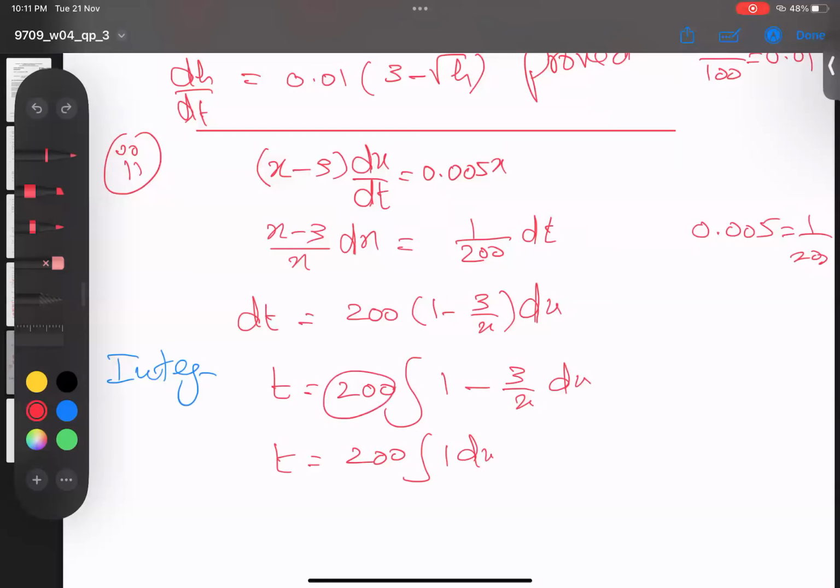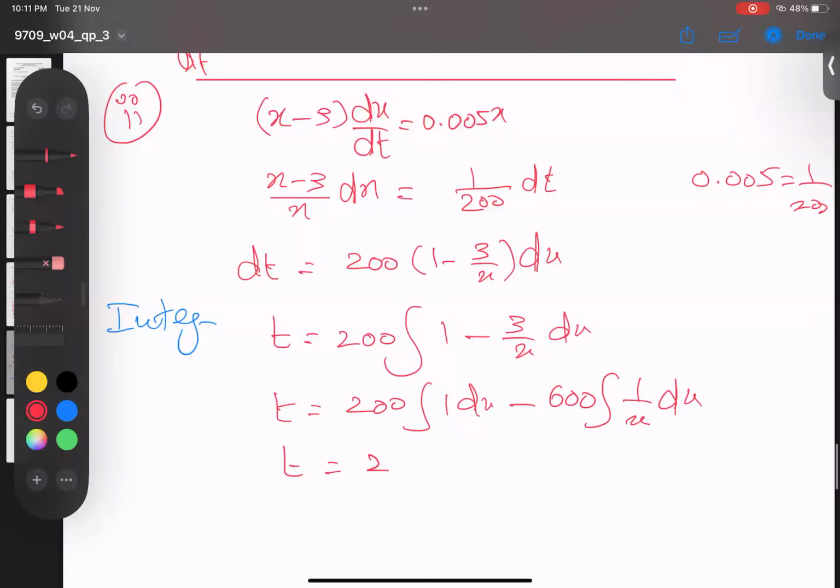This 200 multiplies both values, I get 600 times 1 by x dx. So t equals 200. This integration gives you x only, and this integration gives you ln, because function down, derivative up. So logarithm of x plus c must be there.